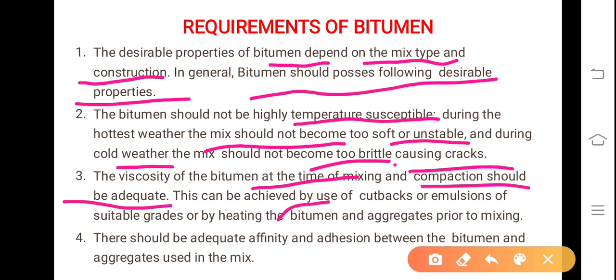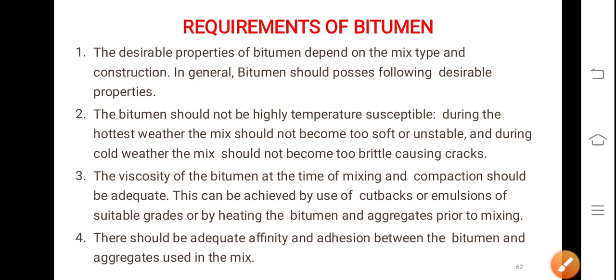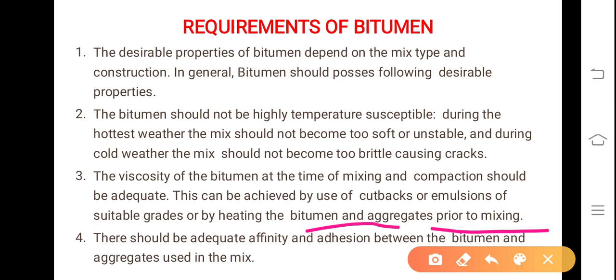This can be achieved by use of cutbacks or emulsions of suitable grades, or by heating the bitumen and aggregate prior to mixing.